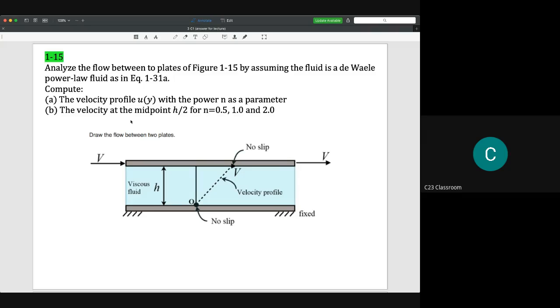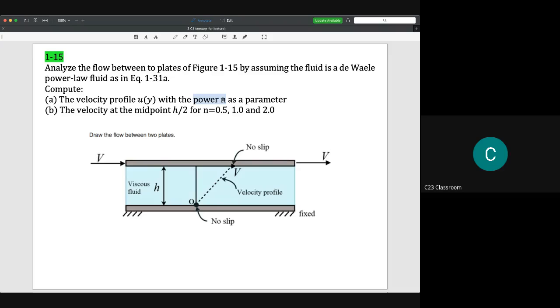However, we need to come up with a mathematical equation to show the velocity profile here. The question asks to compute the velocity profile of u(y) with the power n as a parameter. So the power n here means we need to estimate the velocity profile as maybe an exponent, maybe linear.